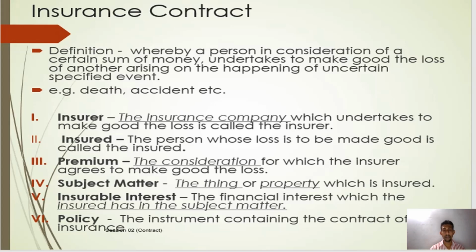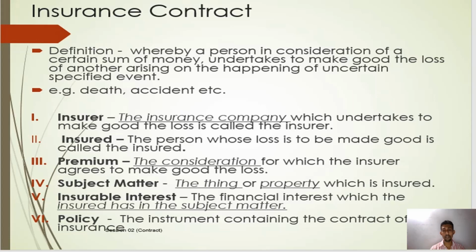Let's say I want to sign a life insurance policy, so I have an insurable interest in that. If I'm going to open an insurance policy for my vehicle, I have to have the insurable interest for that.